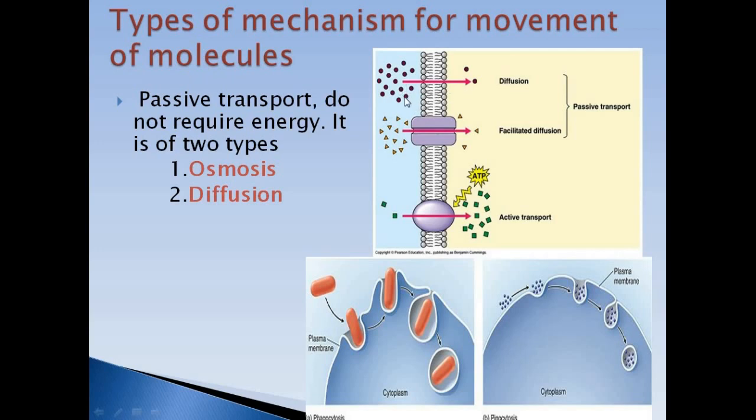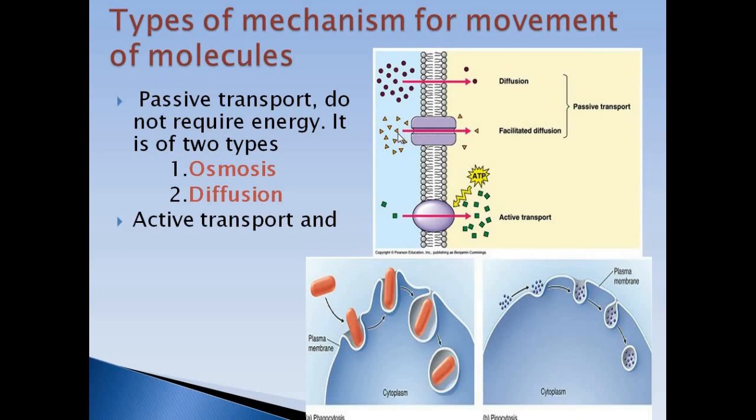The difference between osmosis and diffusion is that in diffusion, solute molecules move from higher concentration to low concentration, but in osmosis, solvent molecules move from higher to low, and in most cases the solvent is water. And there is another type, facilitated diffusion.